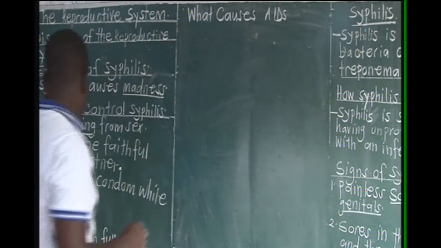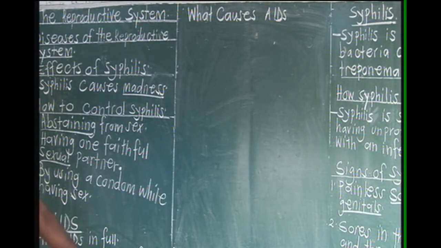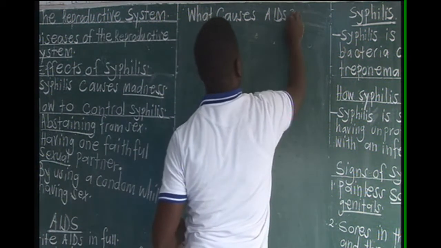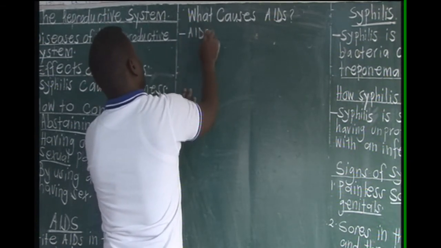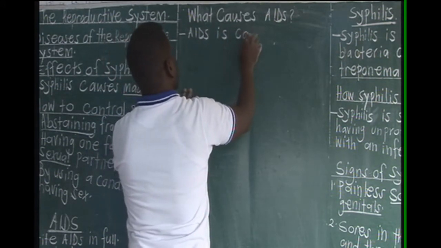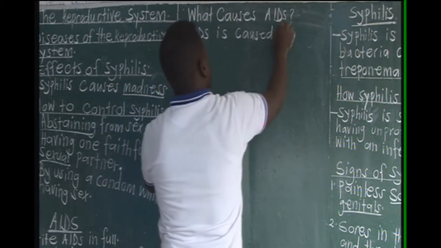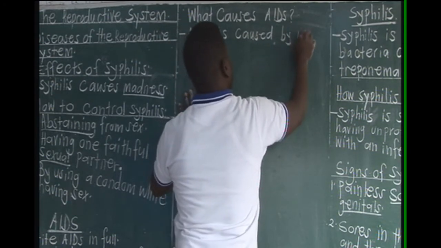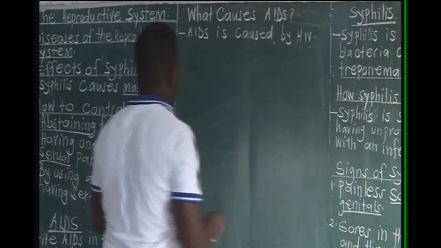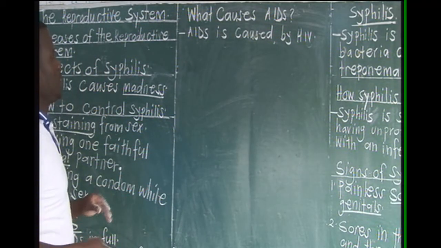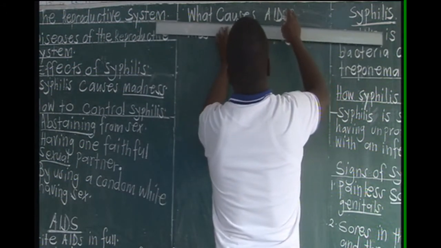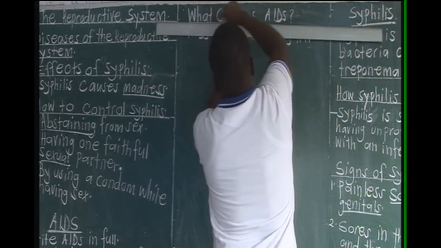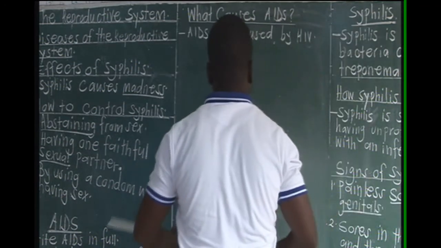In other words, what causes acquired immune deficiency syndrome? And we shall say AIDS is caused by HIV.